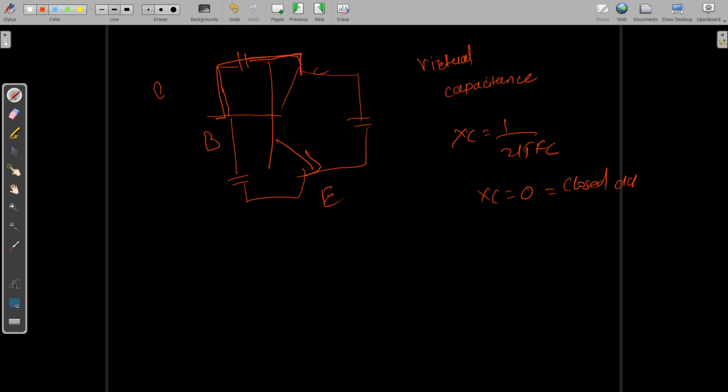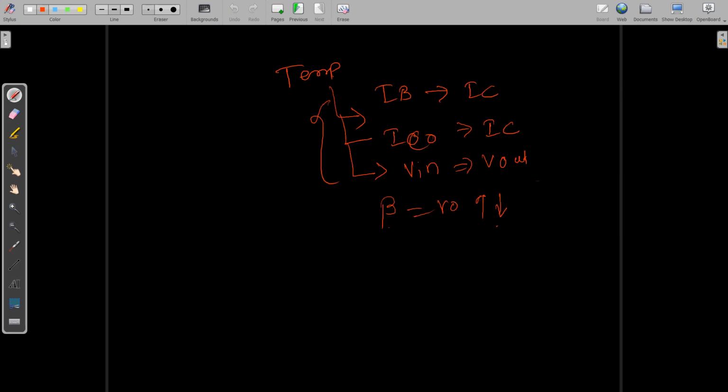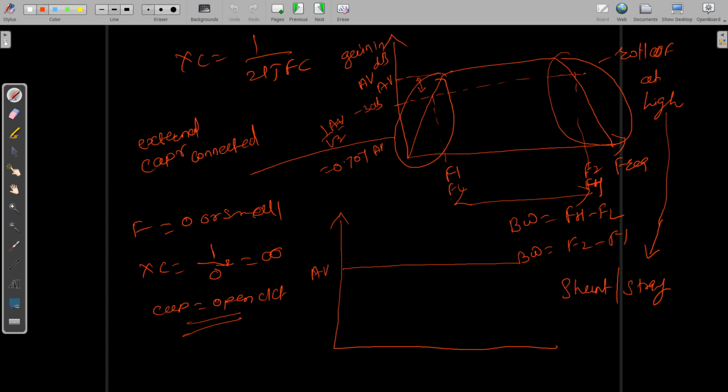All right, so because of that you will have more and more negative feedback in your circuit, and because of that your output will be dropping to 0. So because of the shunt or stray capacitance you can have roll off at higher frequencies, and because of the externally connected capacitance we have roll off at the lower frequencies.